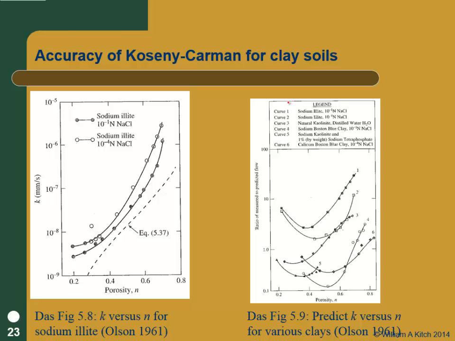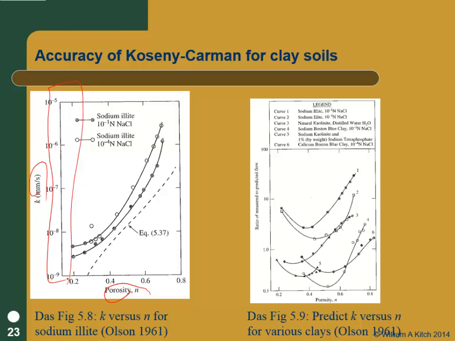Now, these are plots from Olson 1961, and some of this stuff is discussed in Olson and Mesri that you're going to read. So these are plots of the hydraulic conductivity, K, as a function of the porosity, and I will point out that this is in semi-log space here.